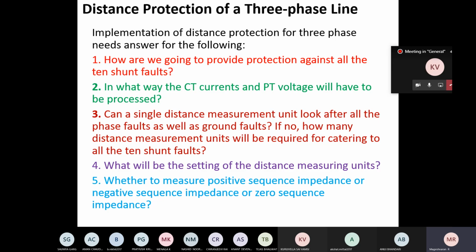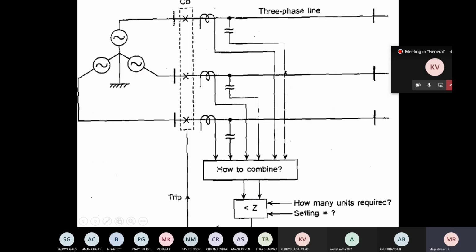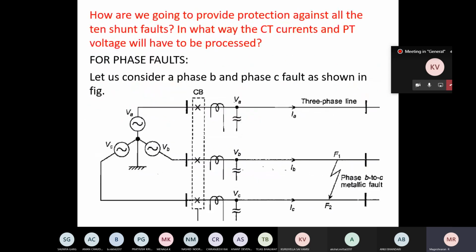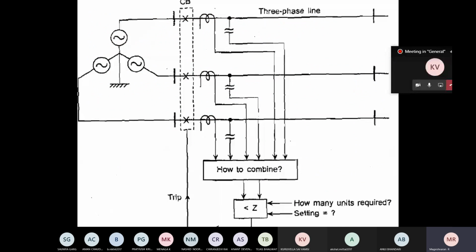Like how we connected our directional or current relay: what appropriate line voltage you have to feed to the potential coil, and what current you have to feed such that it senses the corresponding fault current in the corresponding phase. In the same manner, here also we have to search for ways to do the connection. I think it is 4 or 5 slides. We'll try to complete it.